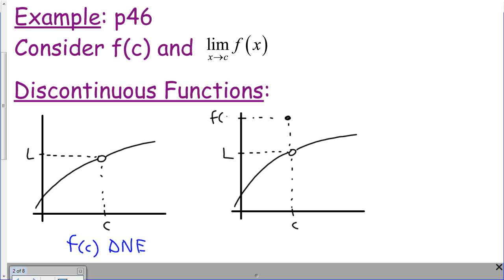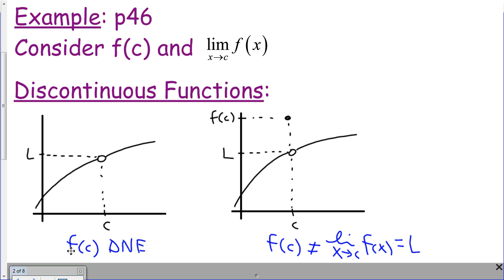We'll name that f of c. So in this case, the limit exists. It's approaching that value of L. The function exists. It's the value of f of c. But I can see those two are not equal to each other. So f of c is not equal to the limit as x goes to c of f of x, which I called L. That's the L value we're talking about.